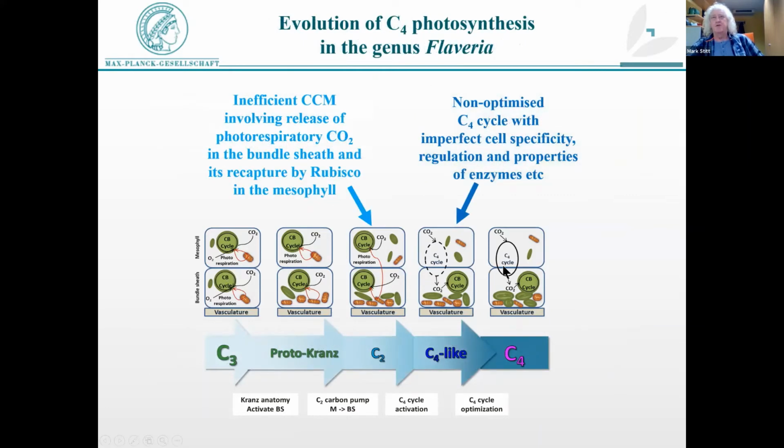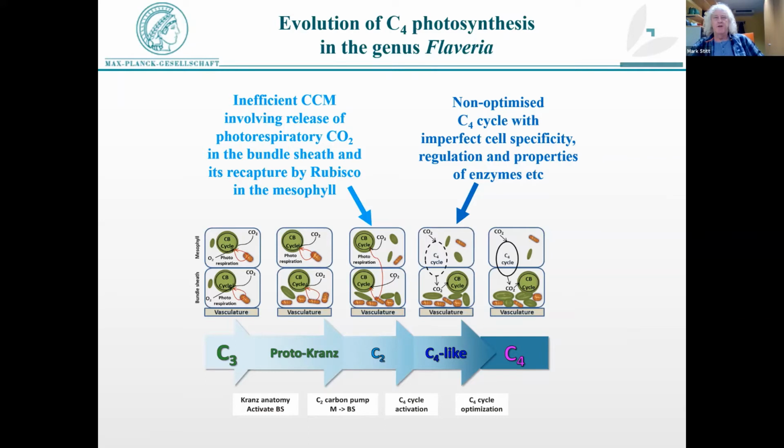This is based on the genus Flaveria, but it's similar in other genera. As you move from C3 to C4, it's thought to have occurred via various steps. After the establishment of the Kranz anatomy, a system developed where they put a glycine decarboxylase into the mitochondria of the bundle sheath.